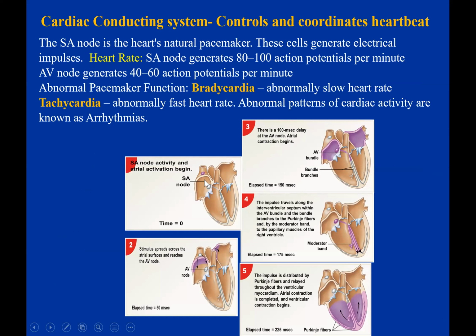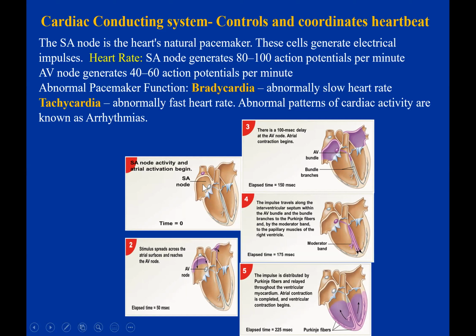The SA node is the heart's pacemaker. It can generate about 80 to 100 action potentials per minute. And it's going to transfer the action potential to the AV node. That in turn will send the action potential down the bundle of His and up by the Purkinje fibers.